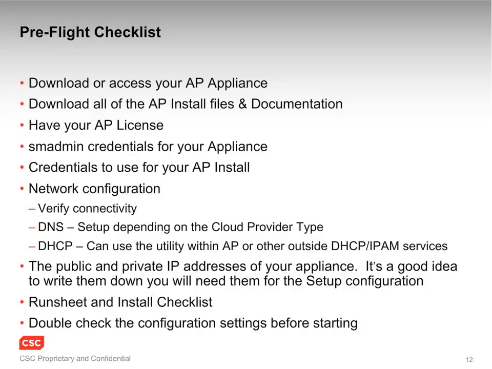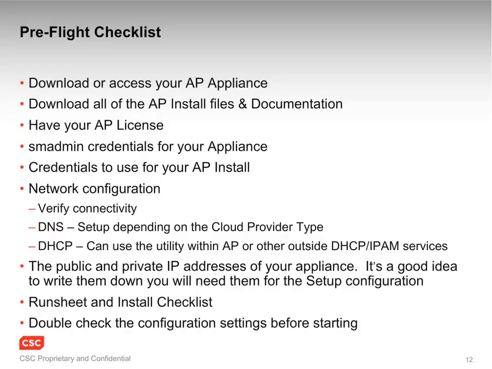So that's installing within the environment, and also any cloud providers that you're going to connect to. Network configuration: verify your connectivity, and depending on the cloud provider type, you may need to have DNS and DHCP set up and configured.